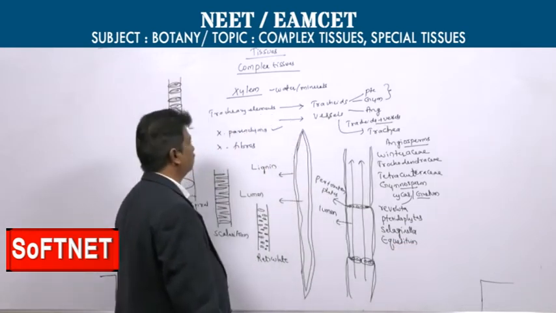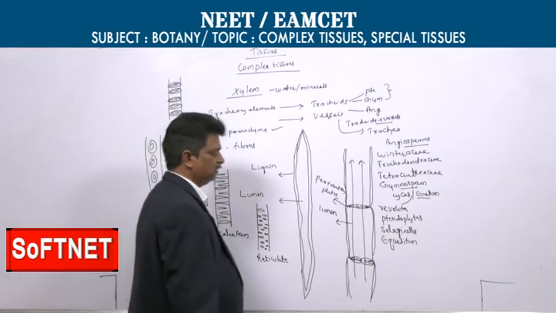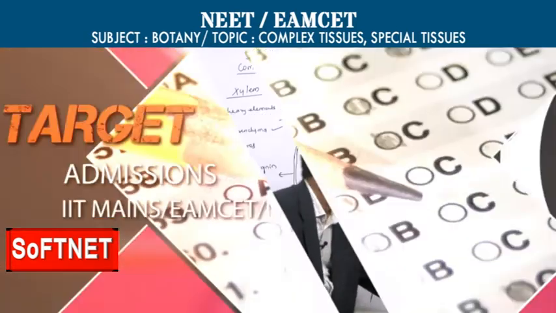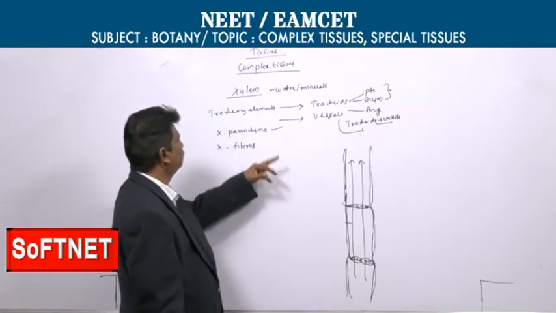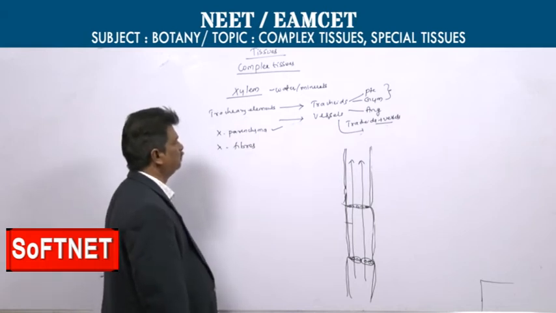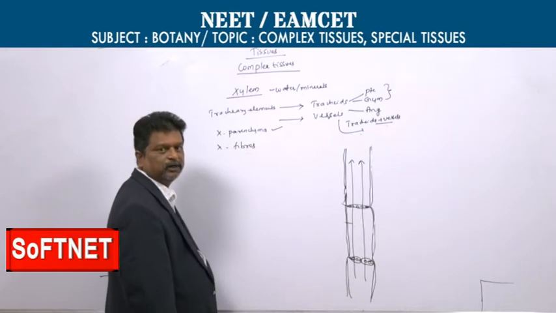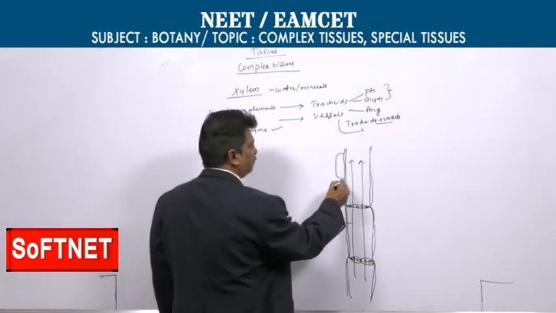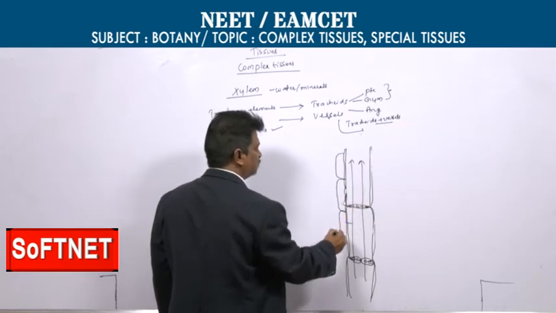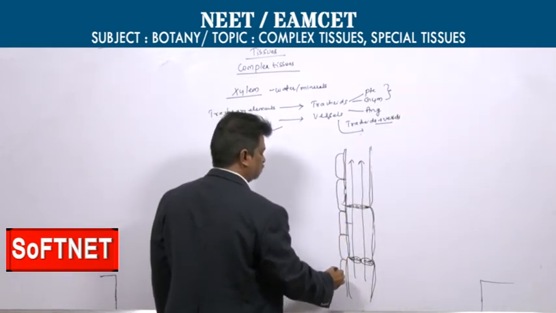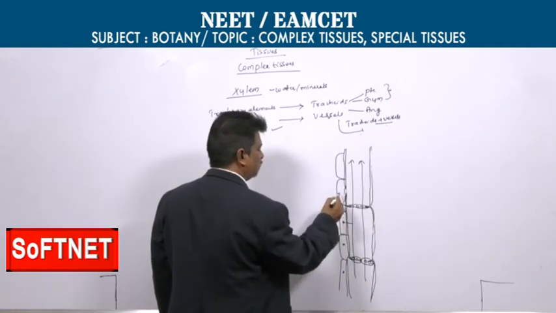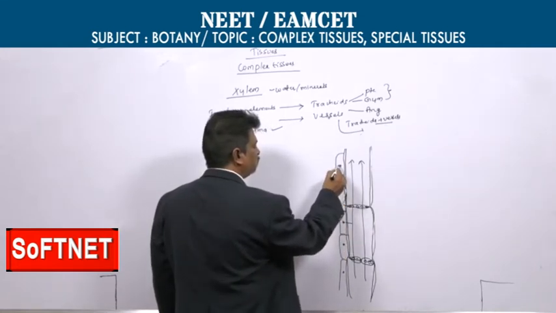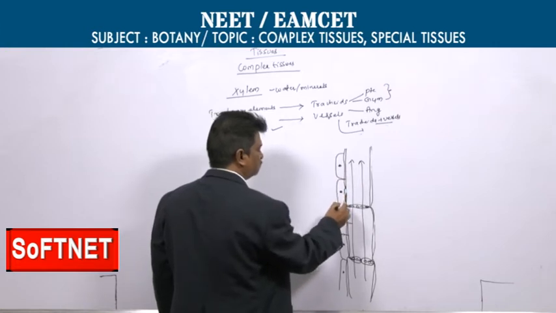So these are about tracheids and vessels. Next one, xylem parenchyma. The only living tissue present in xylem is xylem parenchyma. Xylem parenchyma is made up of living cells with cellulose walls, and this parenchyma contains vacuolated cytoplasm.